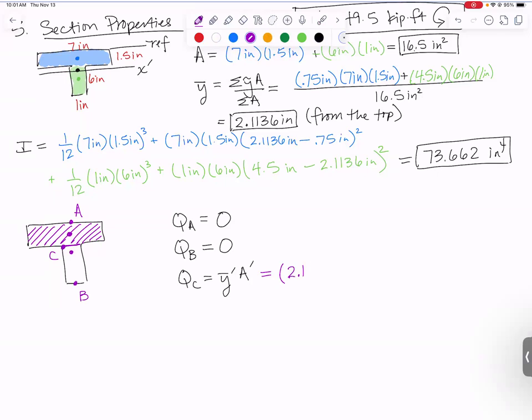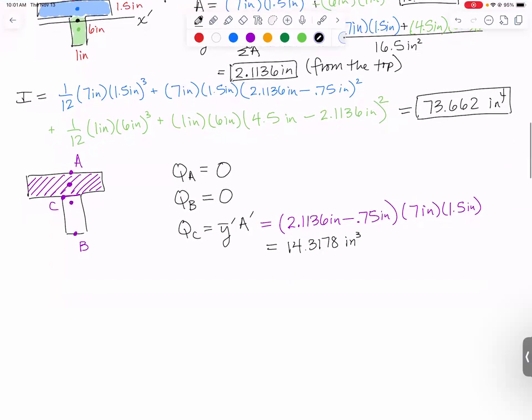So 2.1136 inches minus 0.75 inches is y bar prime. And then what's A prime is just the area of the top rectangle, which was 7 inches times 1.5 inches. That comes out to be 14.3178 inches cubed.